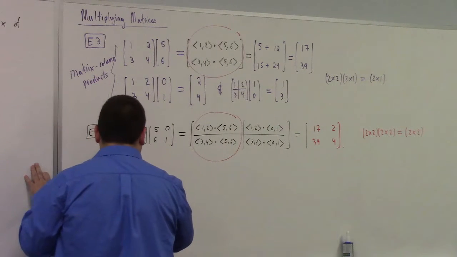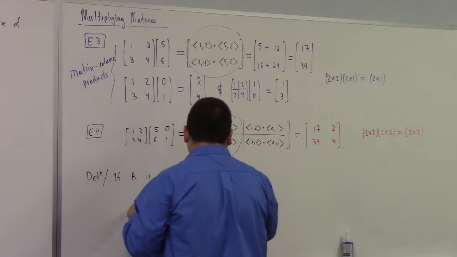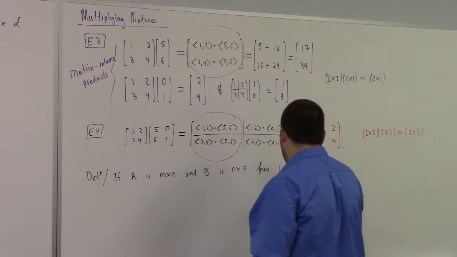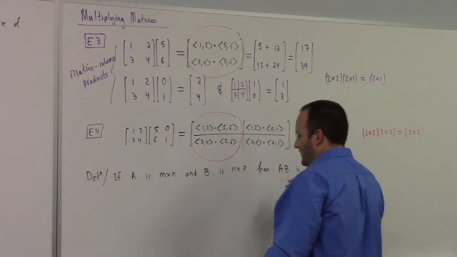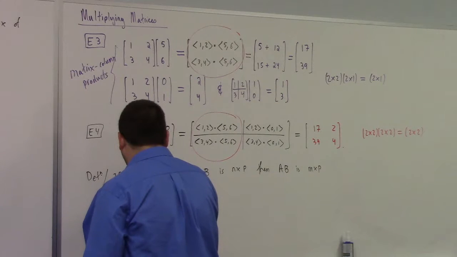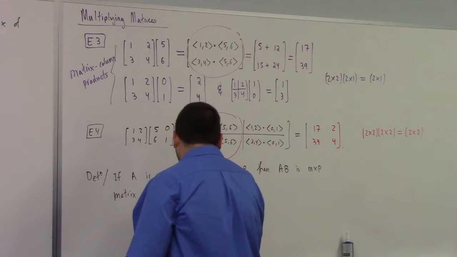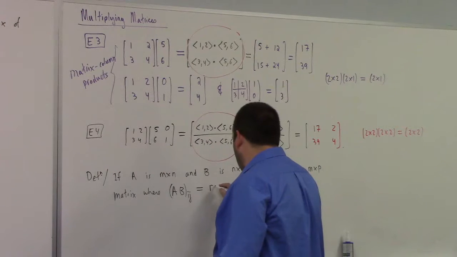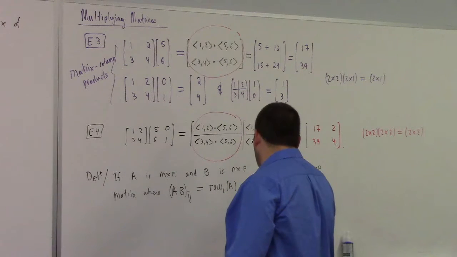If A is m by n and B is n by p, let's say, then A times B is an m by p matrix, where the ijth component is given by row i of A dot product with column j of B.